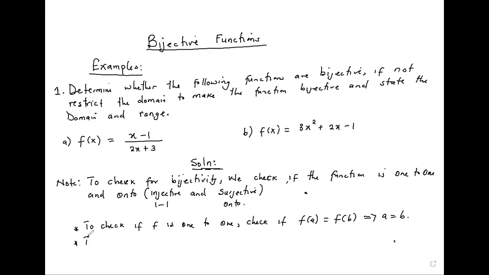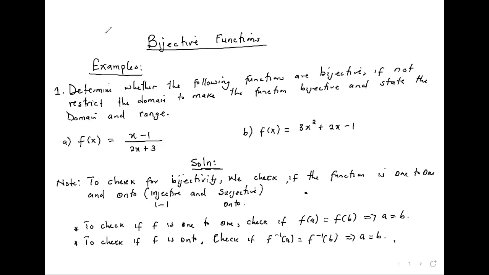To check if f is onto, you just check if f inverse of a is equal to f inverse of b implies a is equal to b. So I've got these two ways. Combined, we are checking if the function is bijective. So now let's go to part one and check if our function is bijective.